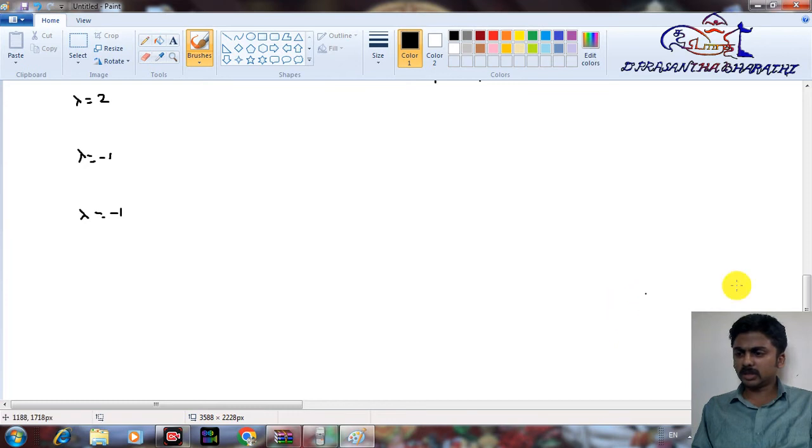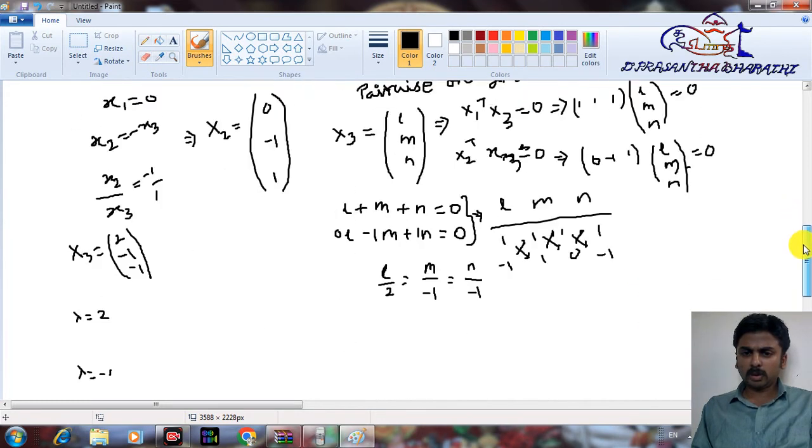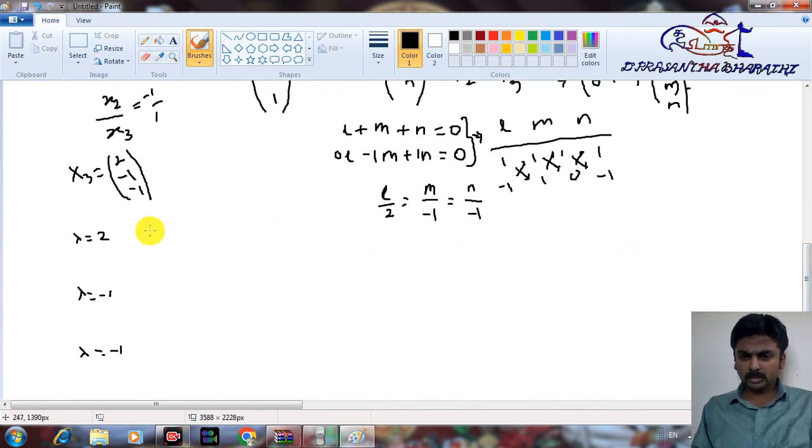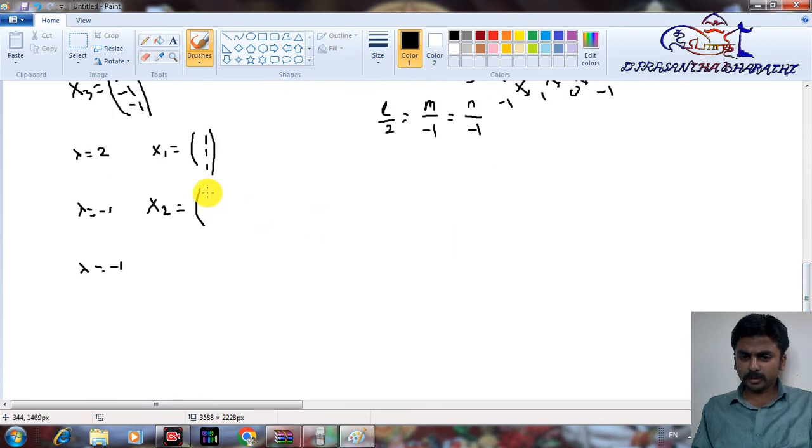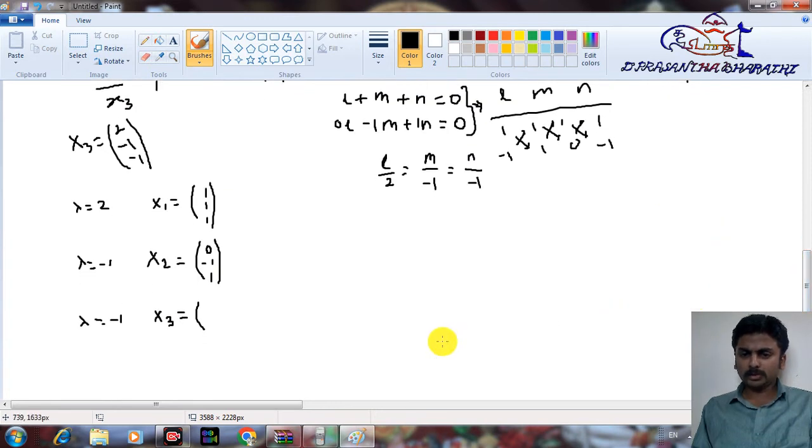The eigenvectors are x1 equal to 1 1 1, and x2 equal to 0 minus 1 1, and x3 equal to 2 minus 1 1 or minus 2 1 1.